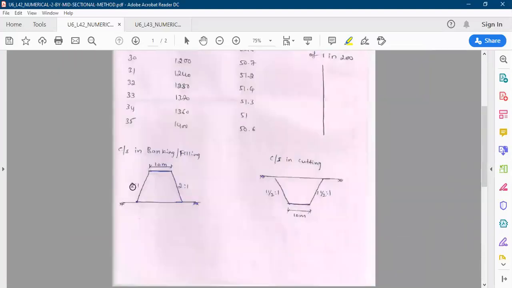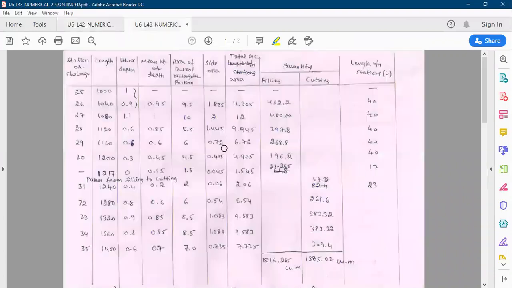In the cross section, you can see that the side slope for filling portion is 2, and the side slope for cutting is 1.5. So these S values you have to use carefully when you are doing the area calculation for filling and the area calculation for cutting, right? Up to this value, you have to multiply S as 2.